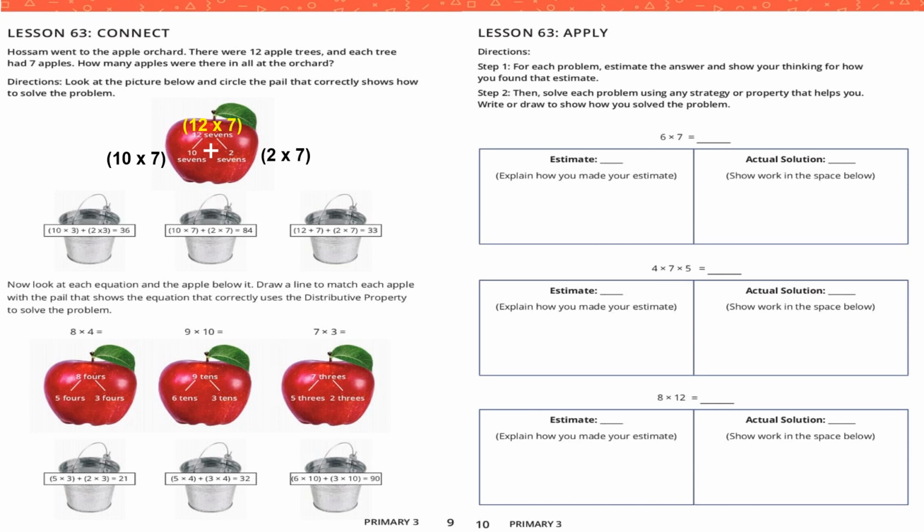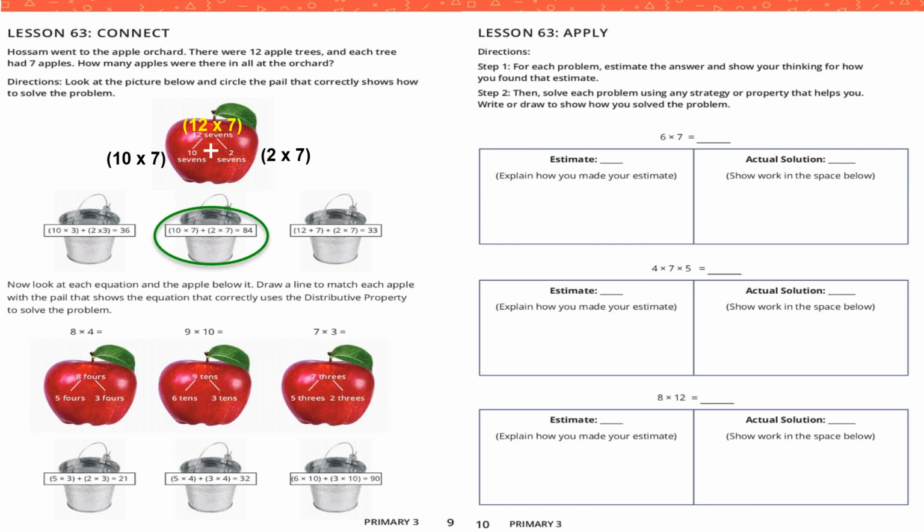Which pail gives me the same distribution for this equation? The first pail, 10 times 3 plus 2 times 3. Do we have any 3's here? No. So it's wrong. The second one, 10 times 7 plus 2 times 7. Is it correct? Yes, sure, it's correct.